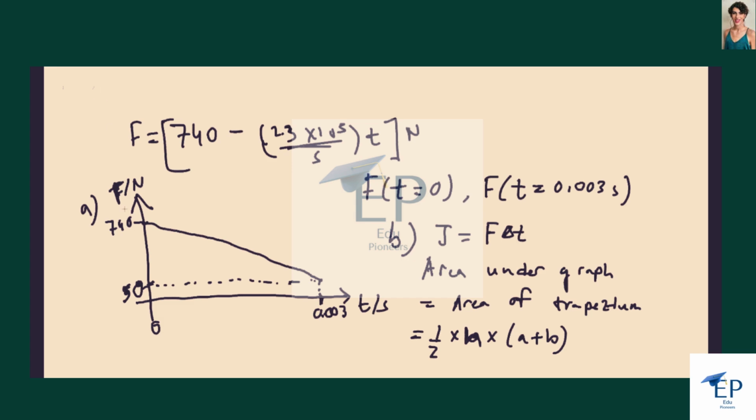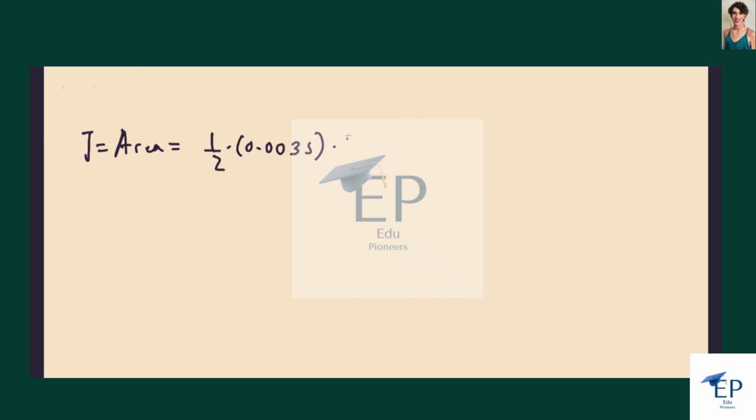Here to here it's 740, and then here to here it's 50. So times 740 plus 50 newtons. Okay, and so the area will be 1.2 Newton seconds. All right, that's by the graphical method.